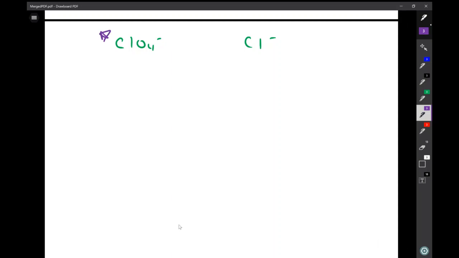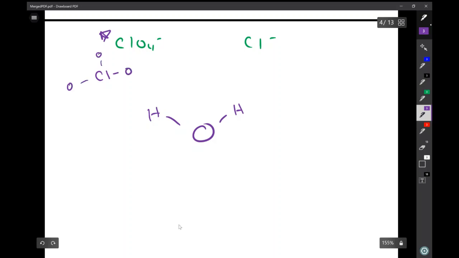First off, what part of the water molecule will those be attracted to? Yeah, attracted to hydrogen. Because you have these oxygens, all those very strongly electronegative oxygen atoms.